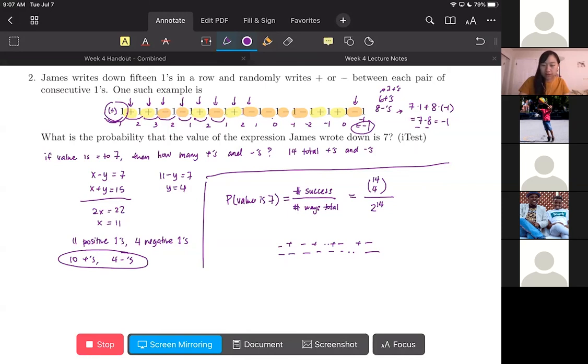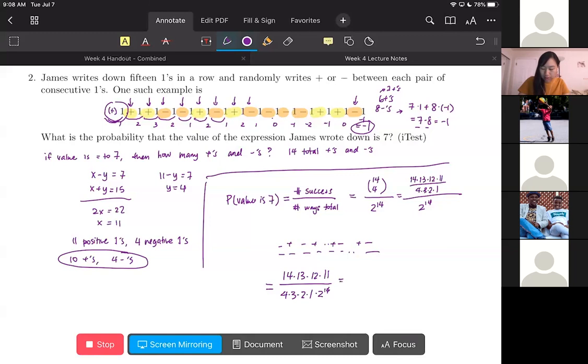If we want to simplify this, we're going to get 14 times 13 times 12 times 11 over 4 times 3 times 2 times 1, over 2 to the 14, which is 14 times 13 times 12 times 11 over 4 times 3 times 2 times 1 times 2 to the 14.